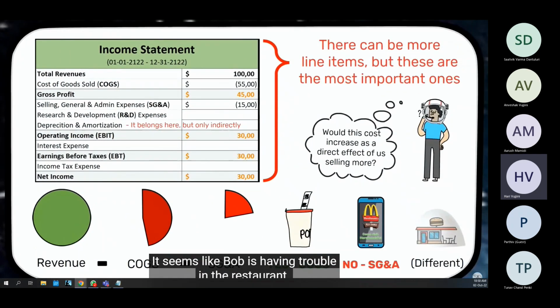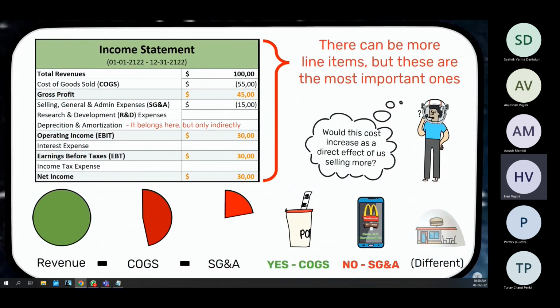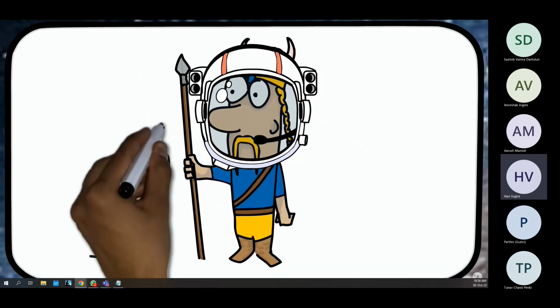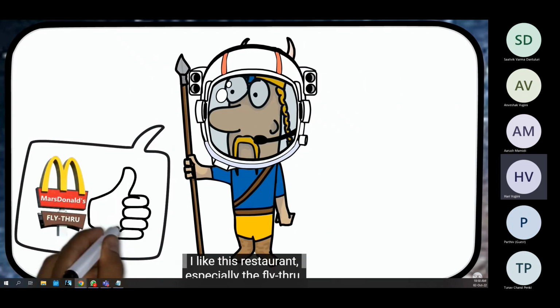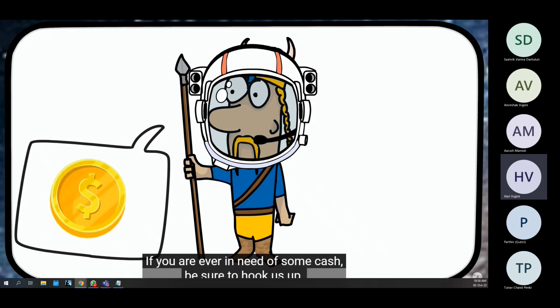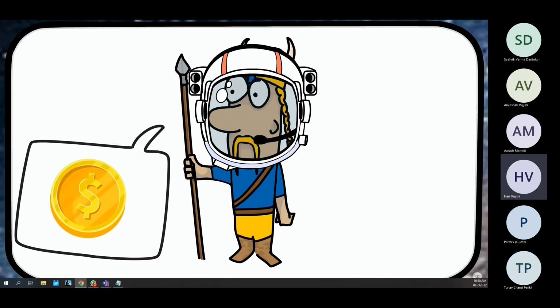It seems like Bob is having trouble at the restaurant. Bob couldn't understand how his bouncer missed this guy. It didn't look like one of Stefan's spies, but it certainly didn't look like an everyday customer either. He approached Bob and said, I like this restaurant, especially the fly-through. If you're ever in need of some cash, be sure to hook us up.